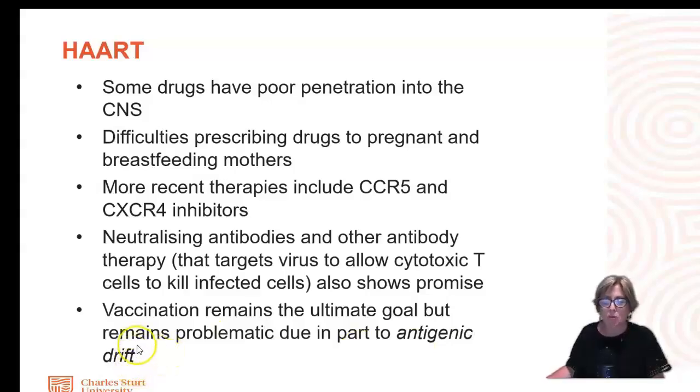The problem is, let's say you've designed a vaccine to target the GP120 spike protein in HIV, but if you're getting an accumulation of mutations that code for that spike protein, eventually that spike protein would be a little bit different, and the vaccination actually wouldn't work against that new variant of HIV.